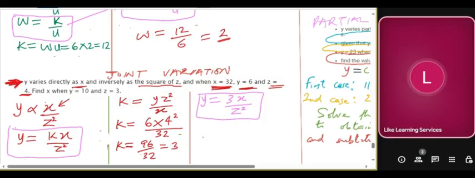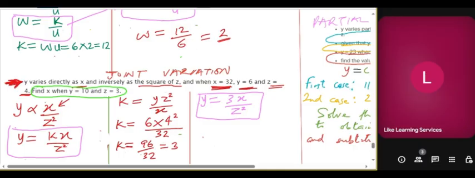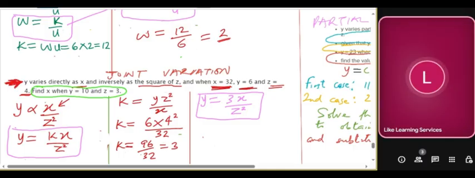So what did they say we should find now? Read out this last part. Find x when y is 10 and z is 3. So y is 10, so we just substitute. 10 is equal to 3x, we don't know what x is, over, sorry, the 3 is for k, you know.